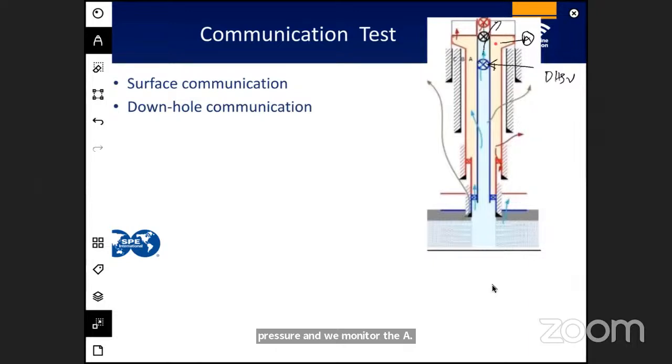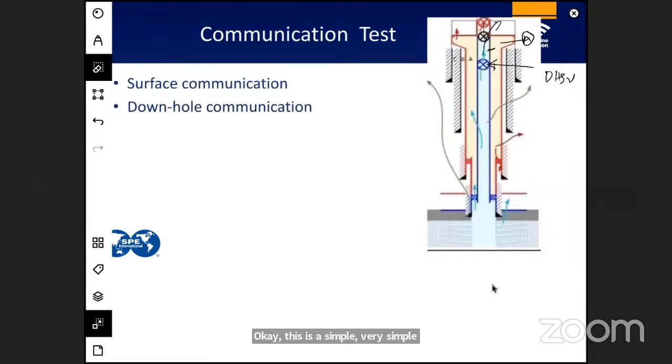If after bleeding, the A annulus pressure also falls off, it means there is a communication anywhere in the tubing from the downhole safety valve to the Christmas tree valve. Okay, this is a very simple communication test.